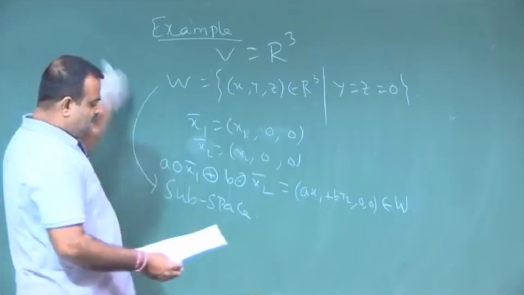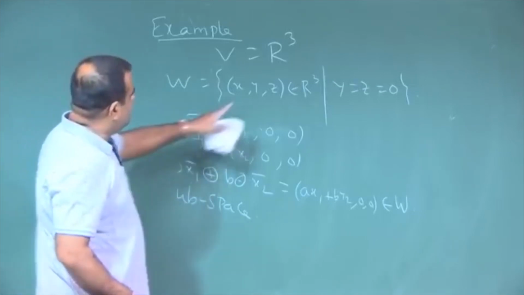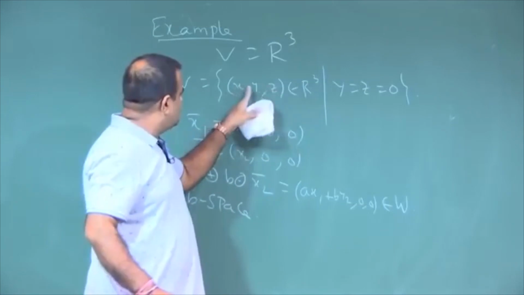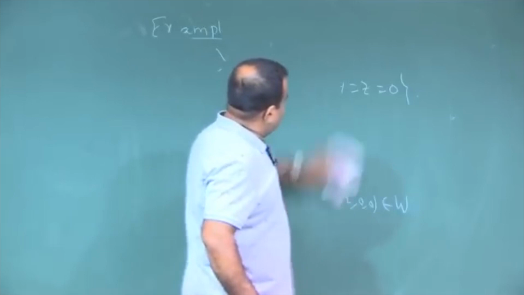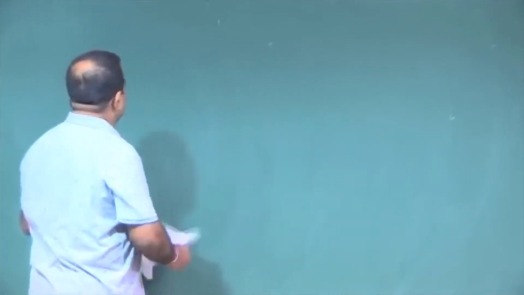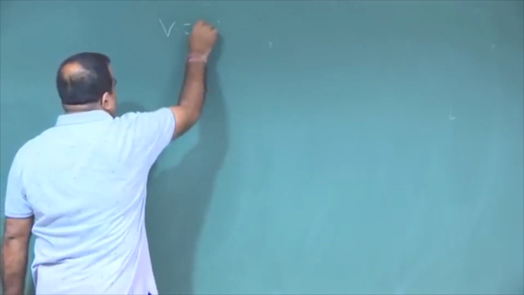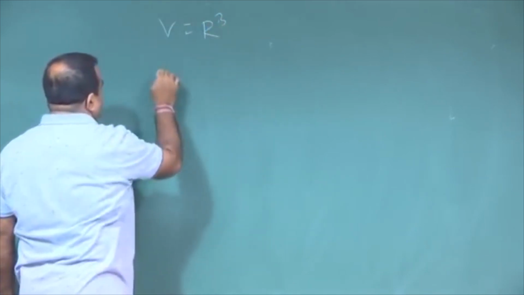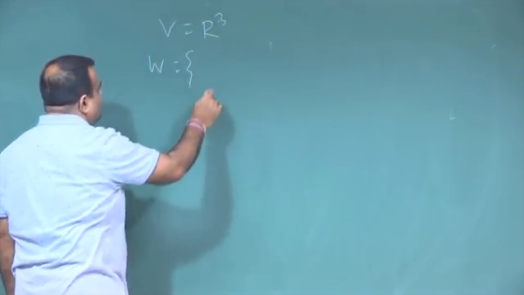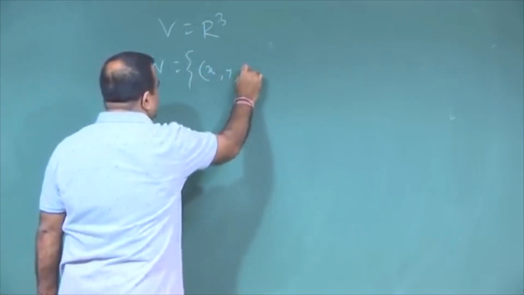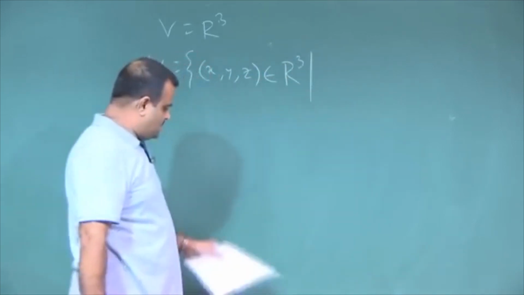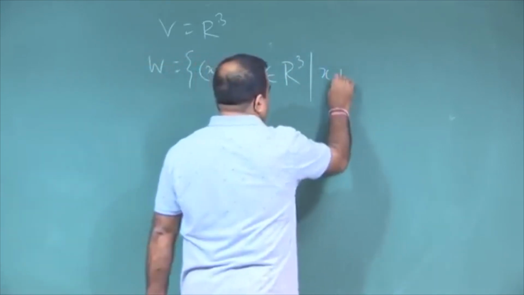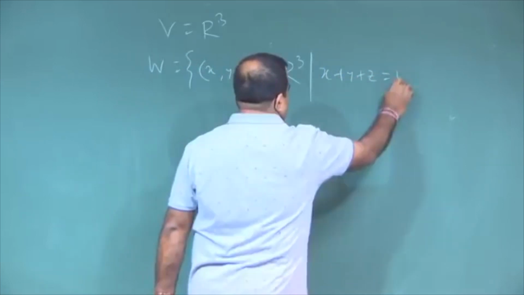Okay. Now, we can take another example, where this is 0, this is non-zero, this is 0. Now, we will take an example where this is not a subspace. So, we take a vector space R 3. Now, we take a W like this, which is a non-empty subset such that x plus y plus z is 1.